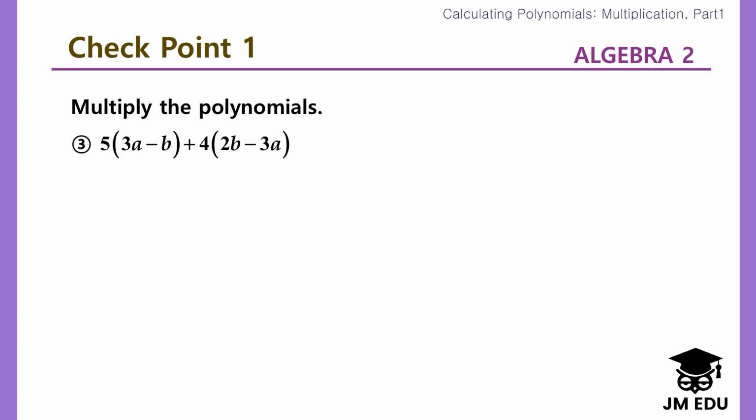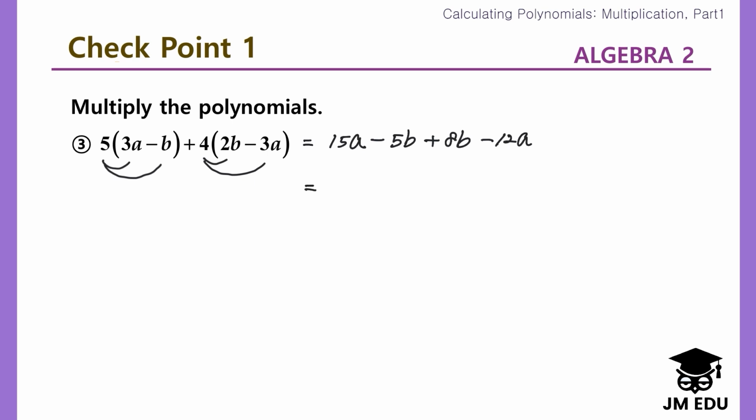All right, number 3. Number 3 is equal to 5 times 3a, that's 15a. 5 times minus b, that's minus 5b. 4 times 2b, that's plus 8b. 4 times minus 3a, that's minus 12a.